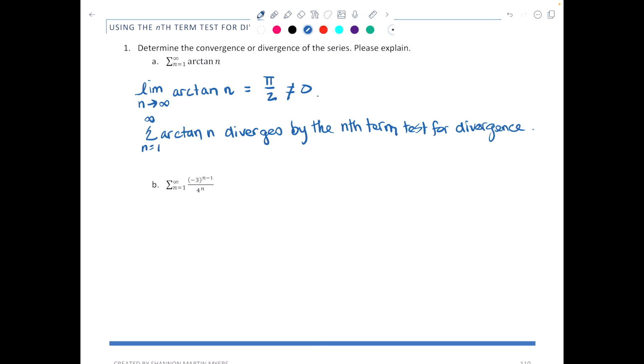So if we do a little bit of magical rewriting here, we write this as the summation as n goes from 1 to infinity of -3 to the n times -3 to the -1 over 4 to the n, which is the summation as n goes from 1 to infinity of -3/4 to the n times -1/3. So -1/3 would be our A.